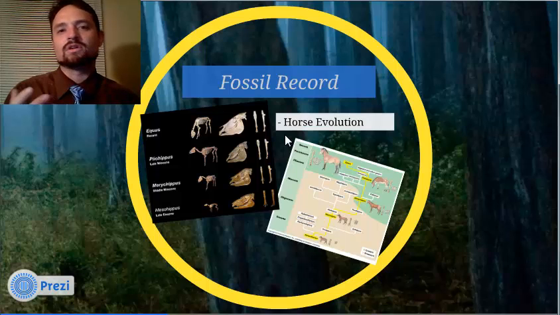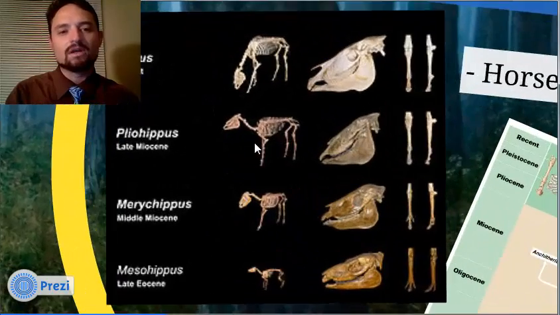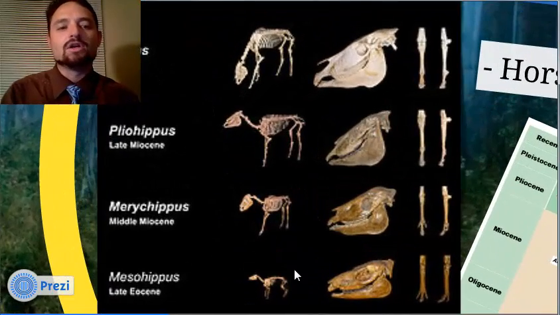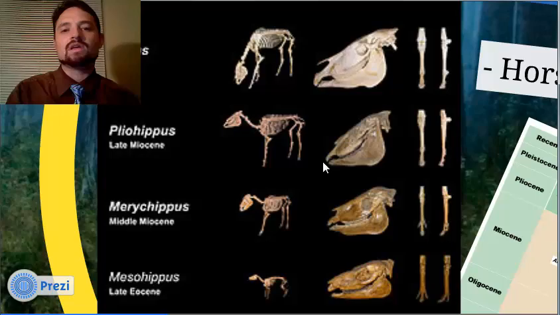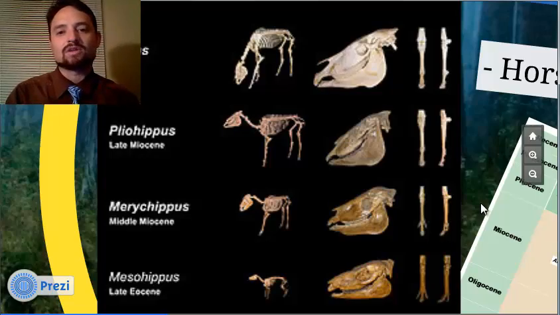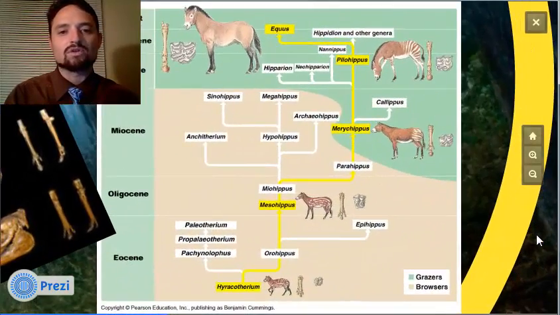Another evidence of evolution, and one of the ones that's used probably most often, would be the fossil record. In the fossil record, for instance, with horses here, we've got a fossil record that takes us from this ancestor here, and you can kind of follow the evolutionary adaptations that took place all along the way. I've got another picture here that you can look at.